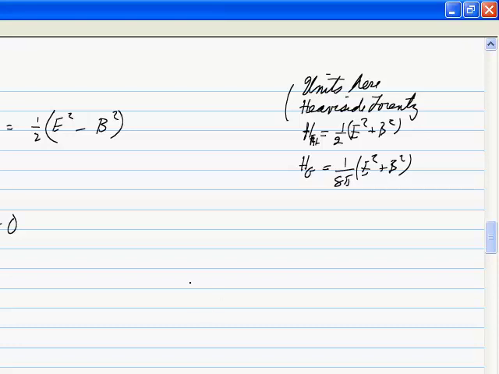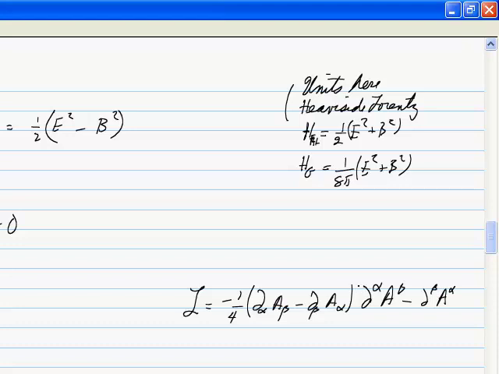So let me write the Lagrangian, let me take one step. Remember these indices are dummy indices. They're summed over, so mu and nu are summed over. In writing it out this next time, I'm going to do it with a different label: D alpha A beta minus D beta A alpha times D alpha A beta minus D beta A alpha.